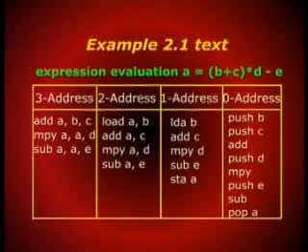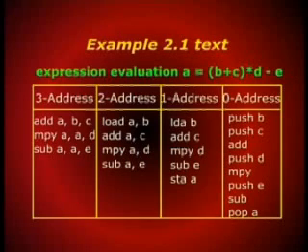The first column indicates a 3 address implementation. The second column gives a 2 address implementation. The third column indicates a single address implementation, and the last, 4th column gives a 0 address implementation.